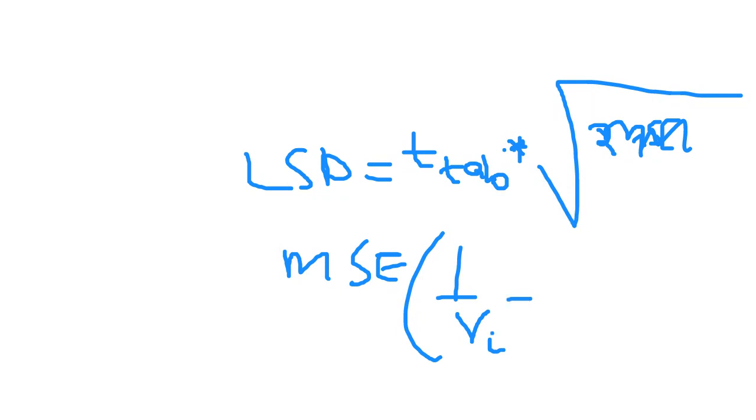Sometimes you can say 1 over Rj to show this.